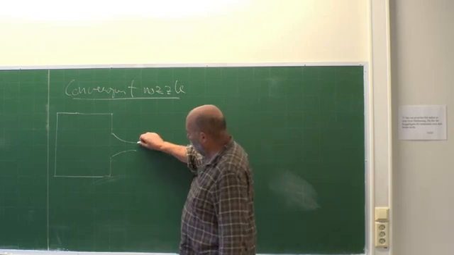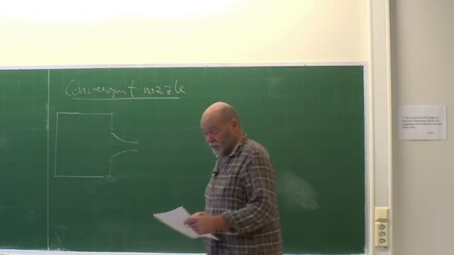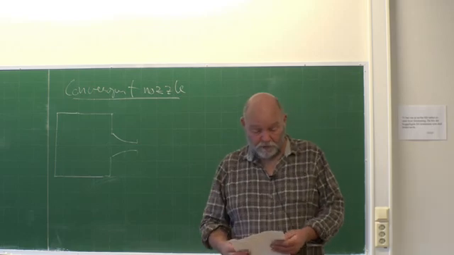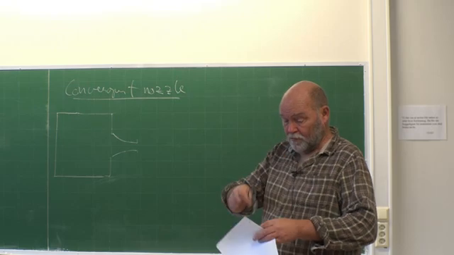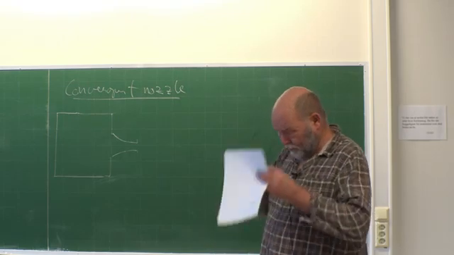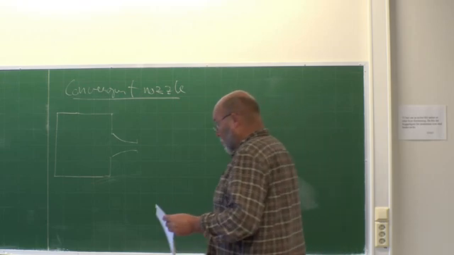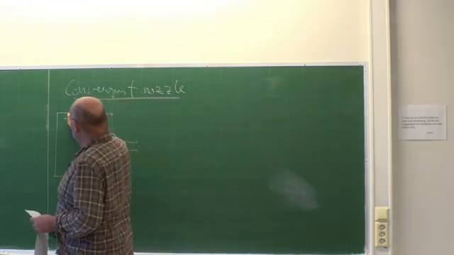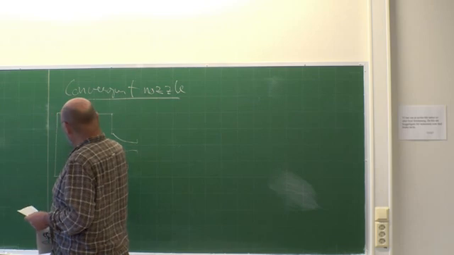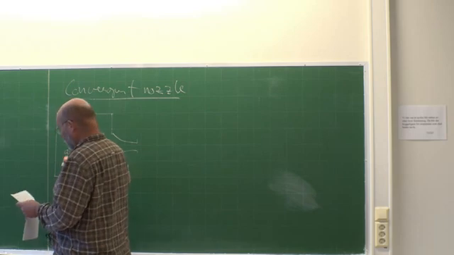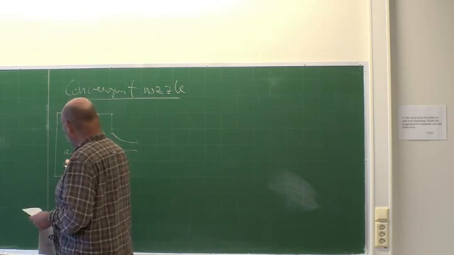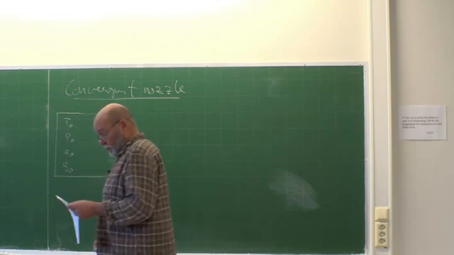So here we only take the first part, and inside here we have our reservoir values. So we have a temperature, T0, pressure, the speed of sound, and then the density.